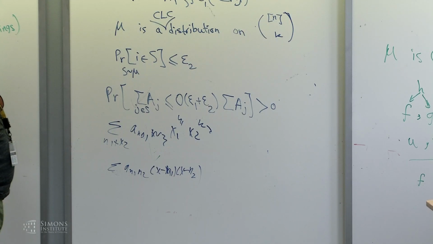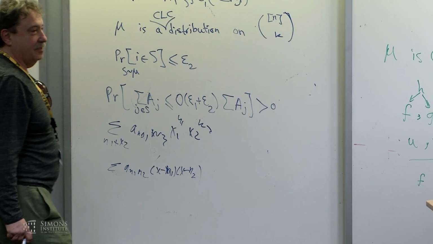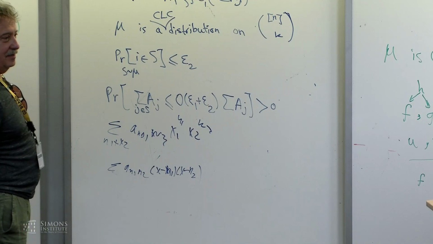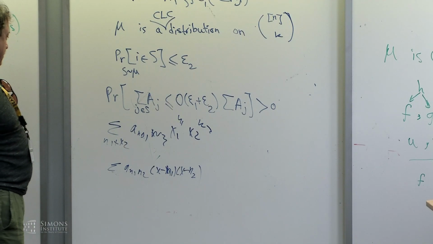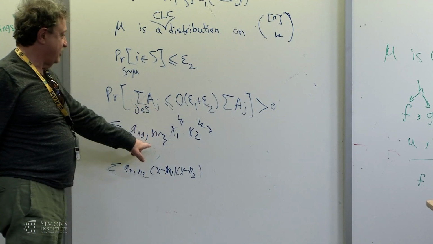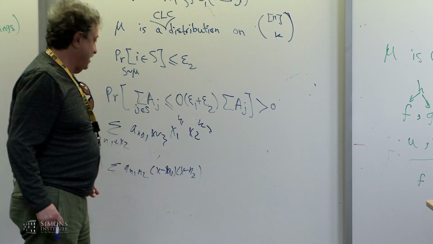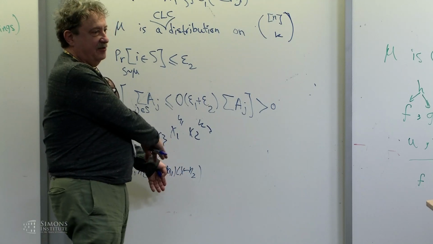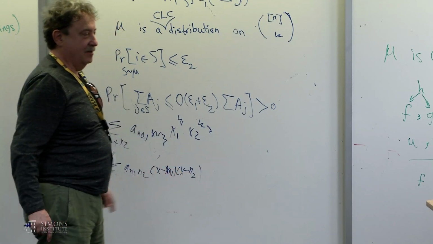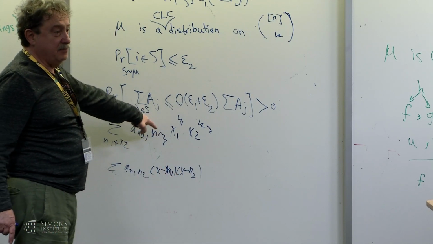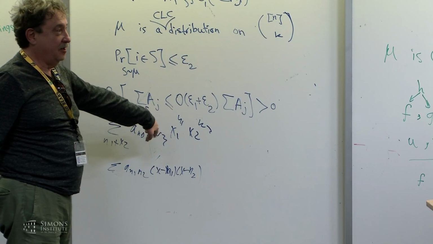This is a univariate polynomial in X. It will be a sum of those polynomials which are actually interlacing, and this will be exactly the mixed characteristic polynomial of this one.